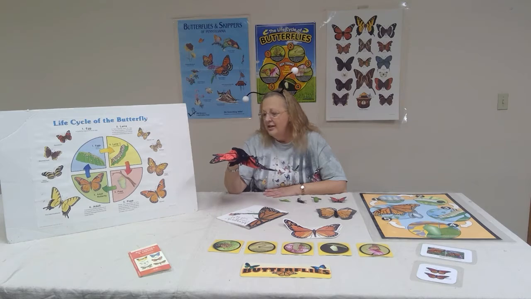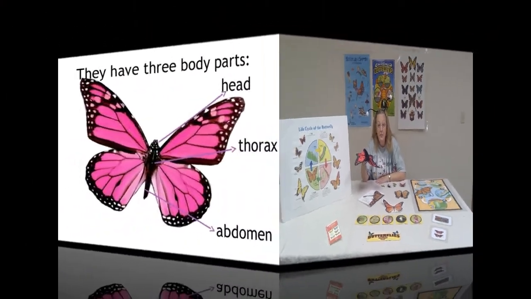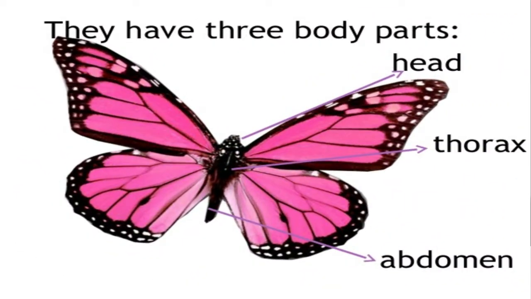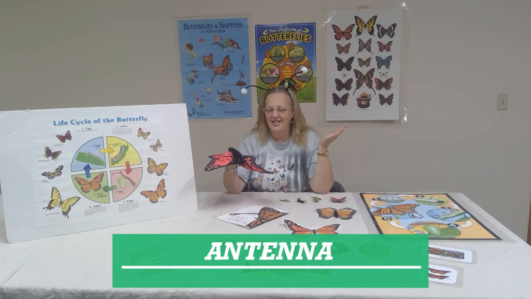How about the insect group? The insects have 6 legs, and they have 3 body parts: head, thorax, and abdomen. And on the head, they have beautiful antennae, just like I have on today.